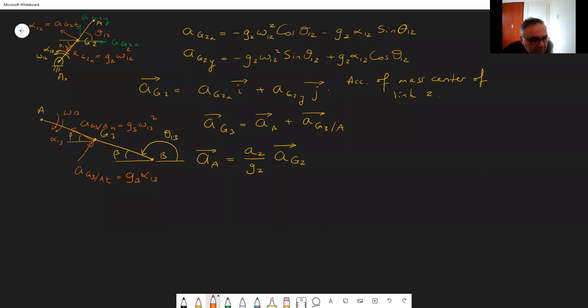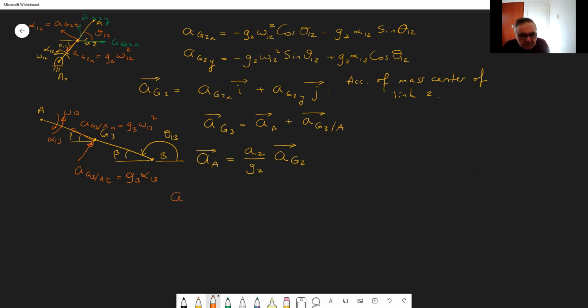Because counterclockwise is positive, so that AG3 is in this direction.